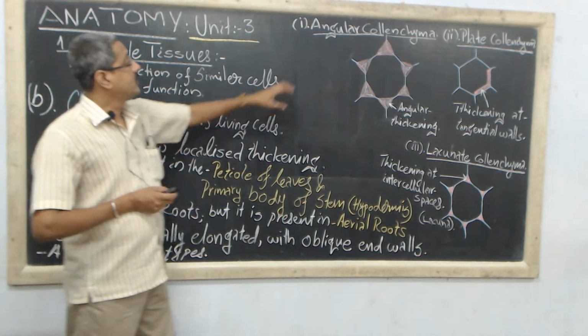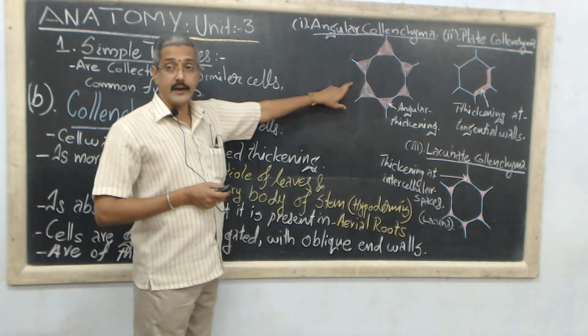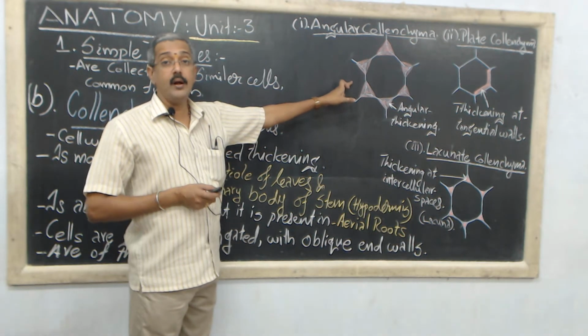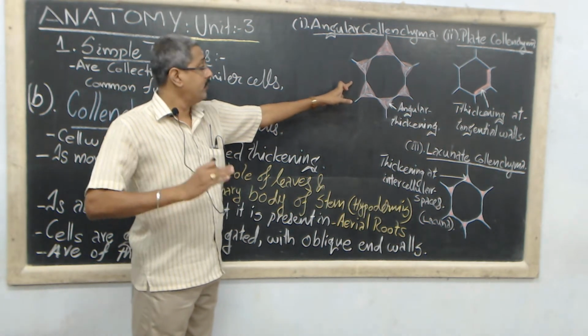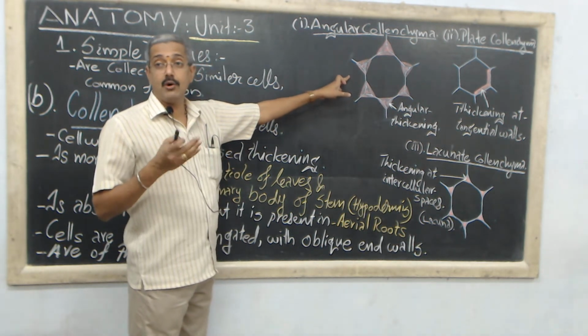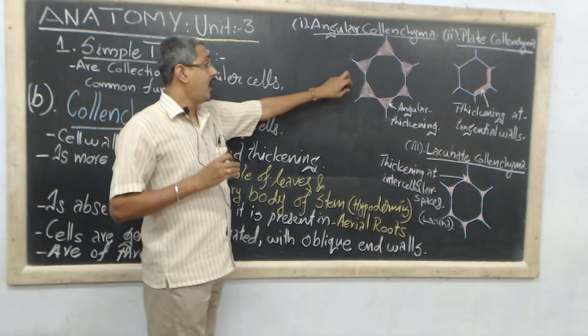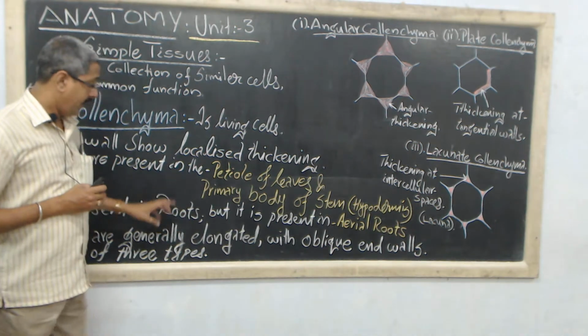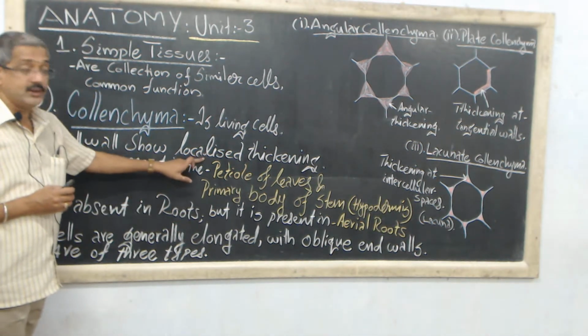Because normally the cells are derived from a fundamental parenchymatous tissue, but due to differentiation or de-differentiation of cells, accordingly we see the localized thickening.